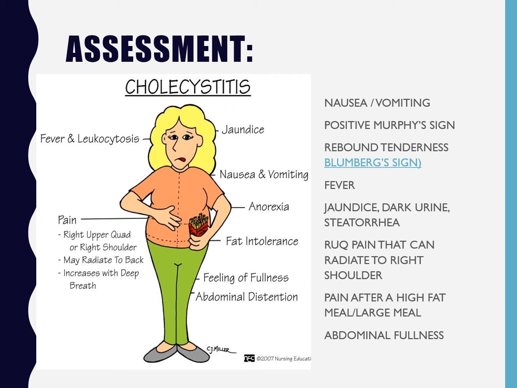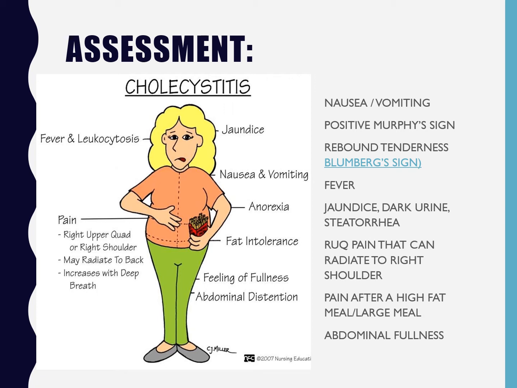Now, if a patient, as you're pushing really hard into their right ribs, like right into their liver, takes a deep breath and experiences pain, they have what we call a positive Murphy's sign. And this is usually indicative of somebody having an inflamed gallbladder.